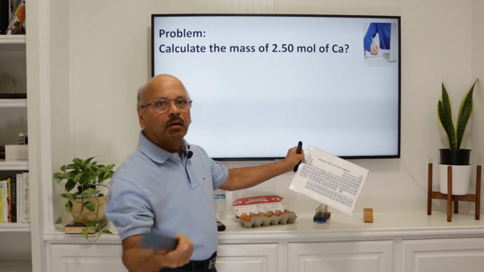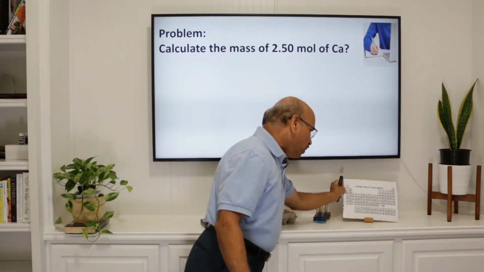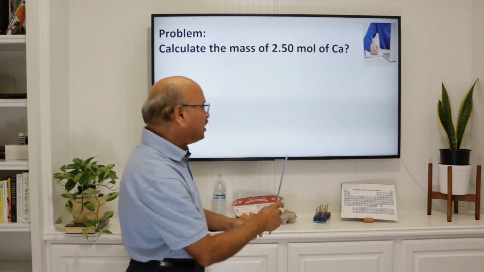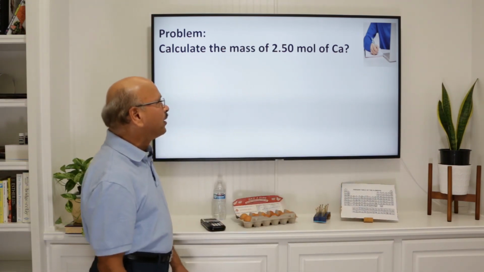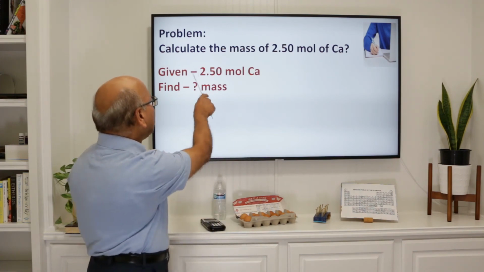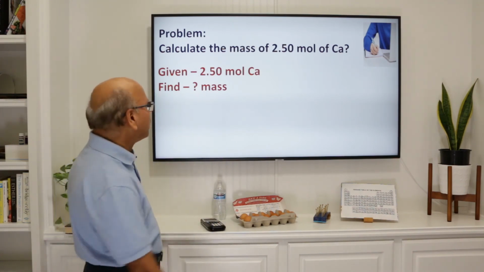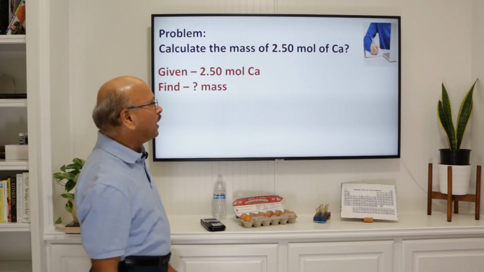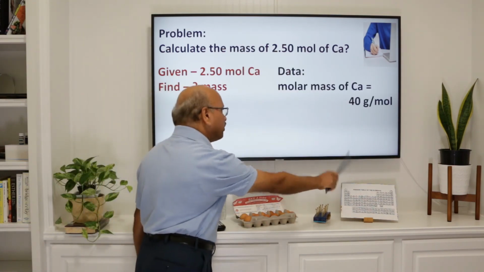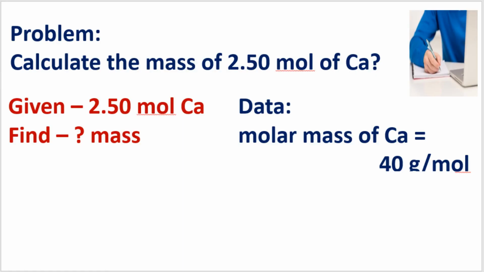Grams per mole. So calcium, you can find, is 40, the number given in the periodic table. So your given is 2.50 moles of calcium, and you have to find the mass of that. And from the periodic table we have found the molar mass of calcium is 40 grams per mole.